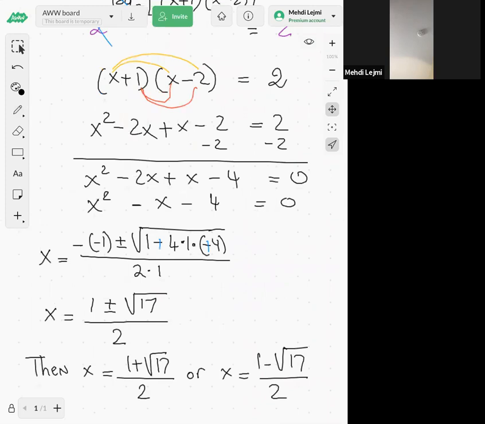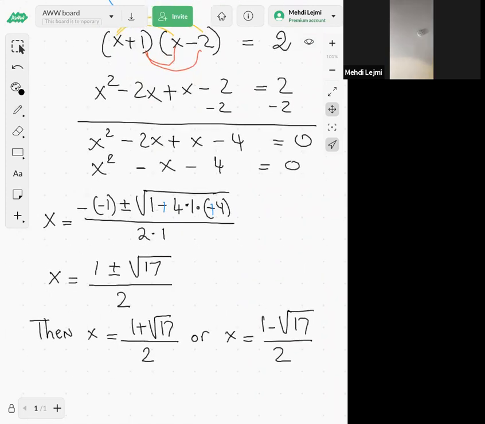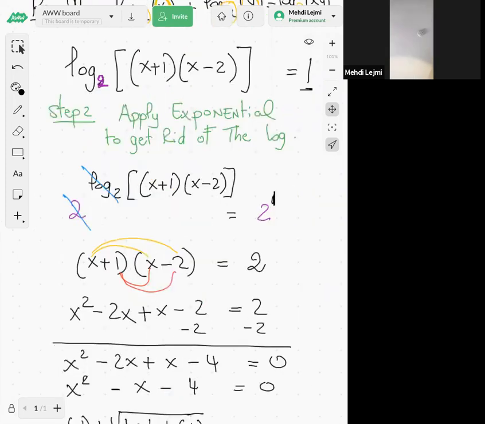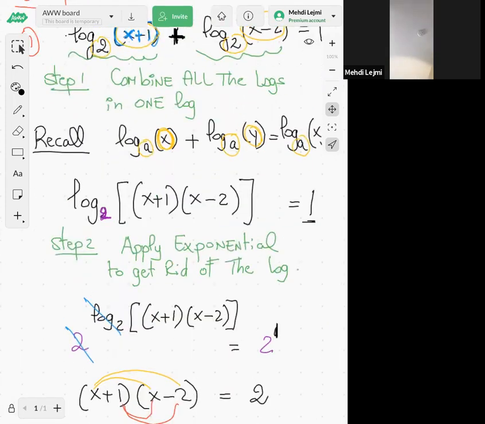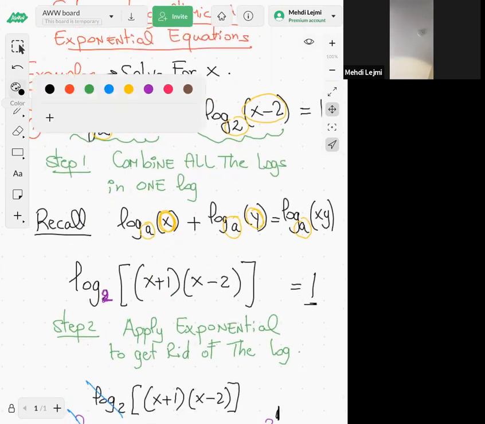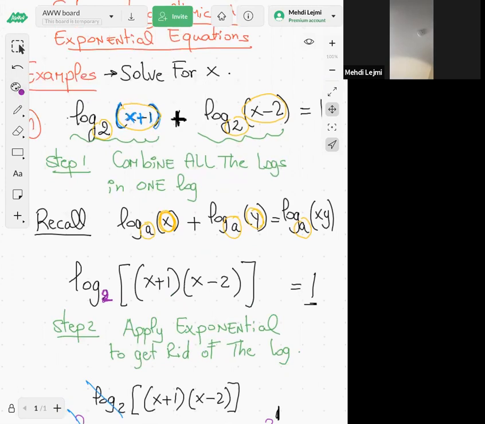We have to check that your solution is well defined, because remember we said we can only apply log to positive numbers. For example, in our case, I have this x plus 1.